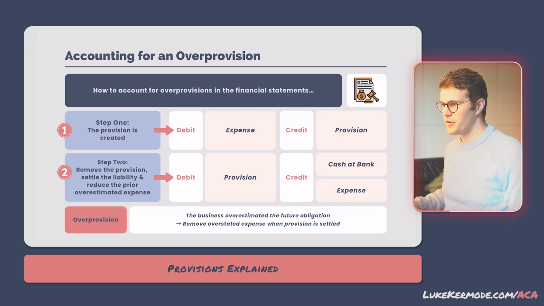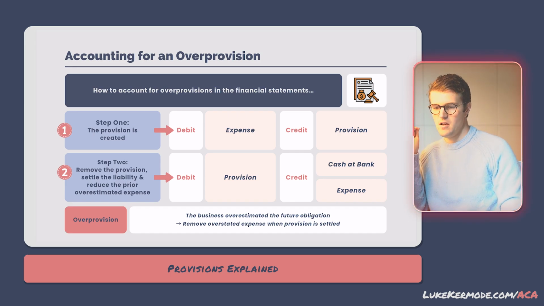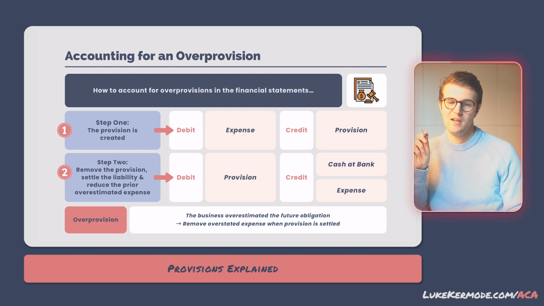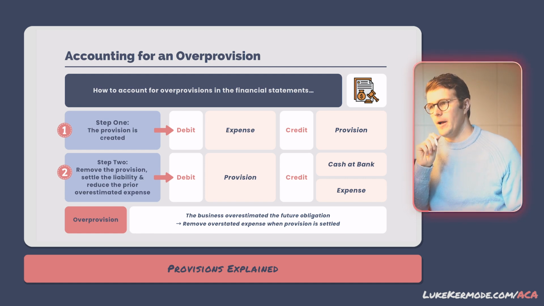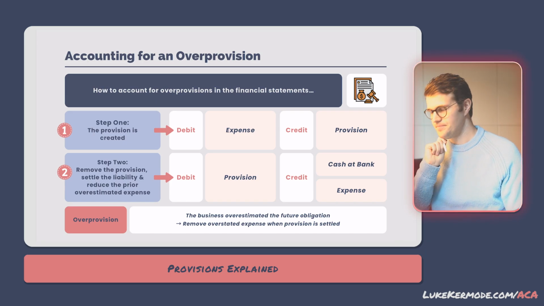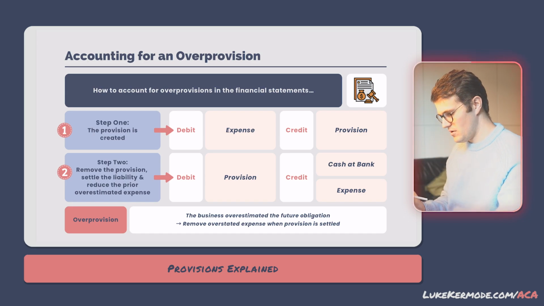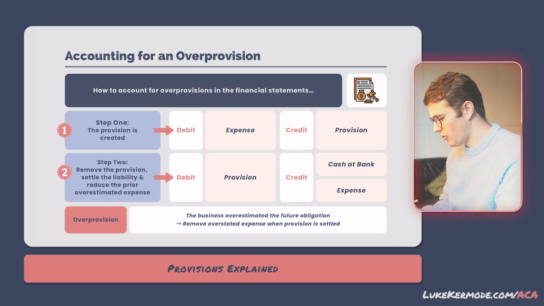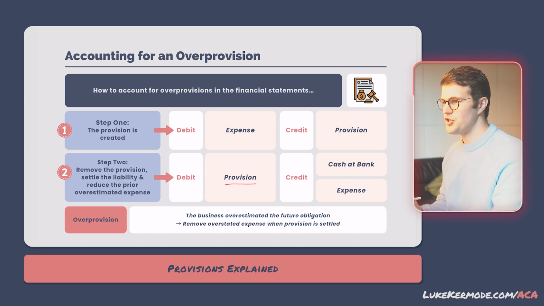Now let's walk through how we account for an over provision. This happens when the business initially overestimated the future obligation and recorded a provision that turned out to be too high. So in step two, when the actual cost is incurred, the amount paid is less than what we had previously set aside. To adjust for this, we debit the provision to remove the full balance from the balance sheet.